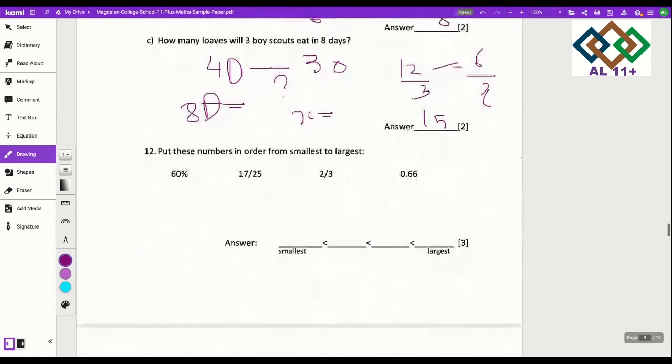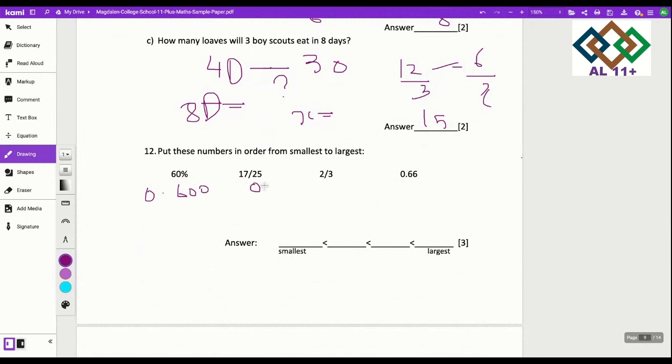Now on the 12th part, they are saying put these numbers in order. So to put them in order, I would tell you to make them in fractions first, or make them in decimals, or in percentage, to know which one is what. So if I make this in decimals, that would be 0.600.